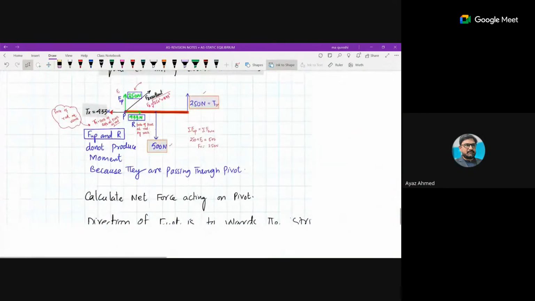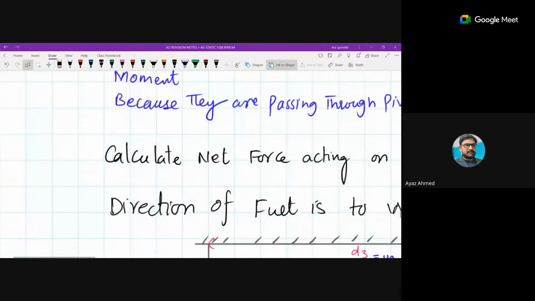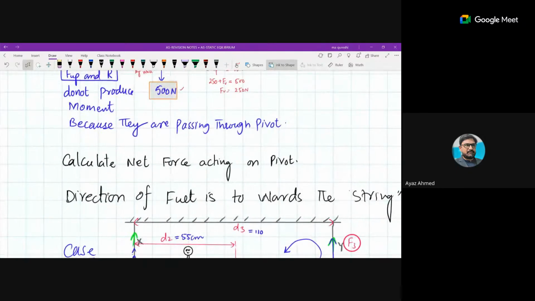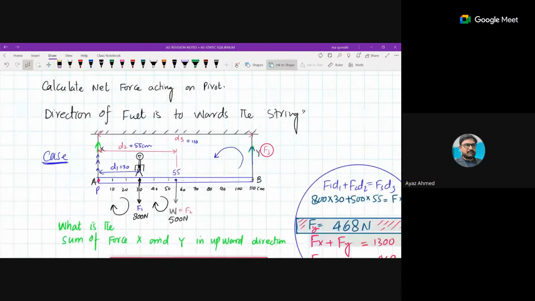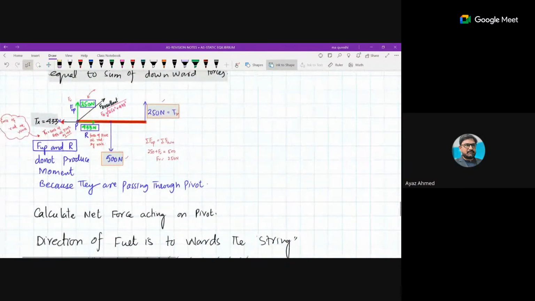So if you have a calculator, please calculate it for me. Approximately 500 Newton is applied here.